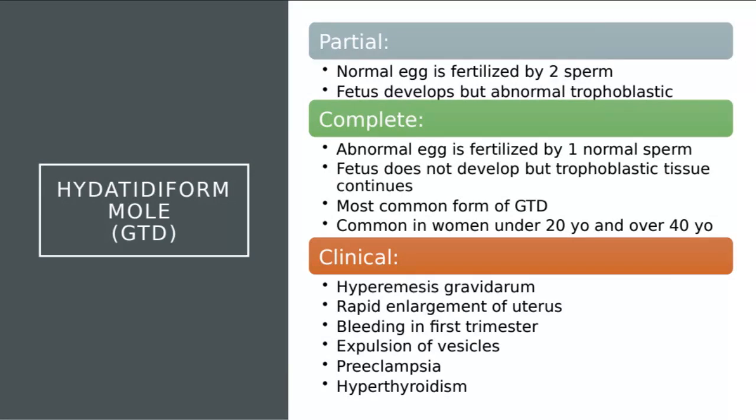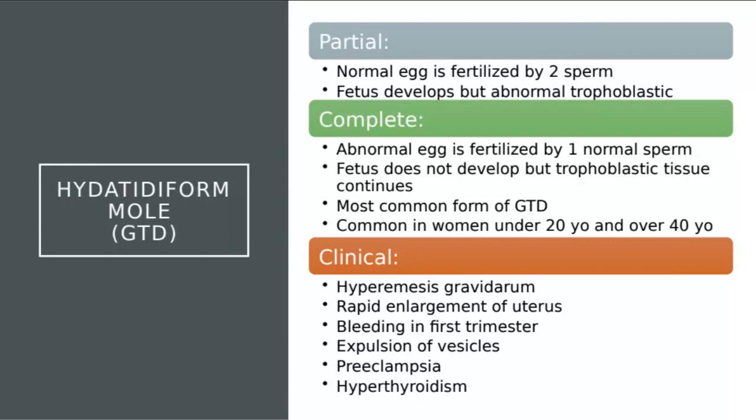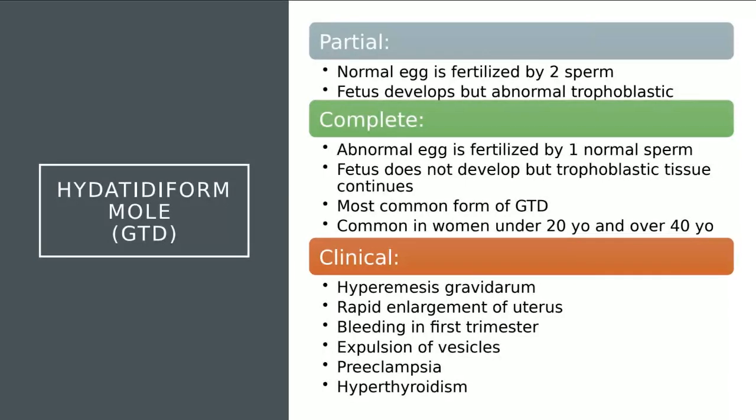The clinical symptoms for both are very similar to severe pregnancy symptoms: hyperemesis gravidarum, enlargement of the uterus, and high HCG levels. It's going to have an effect on our thyroid. Pregnancy in general has an effect on our thyroids, which is usually not something people tell you, but it's an unfortunate reality. Also, high blood pressure, so preeclampsia, a very bizarre situation.